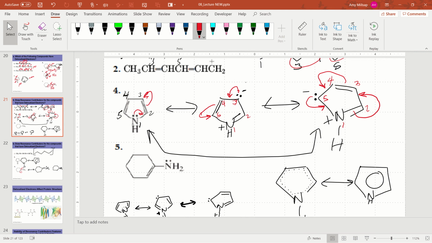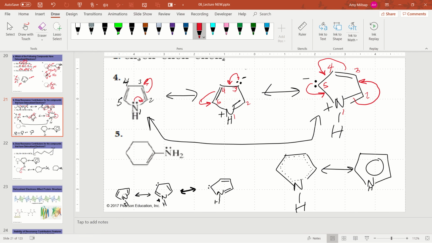And that's what I'm showing with the arrow going from the last ring to the first ring underneath. Okay? And then drawing the resonance contributors for the 6-membered ring, you should be able to do that. We showed it on the previous page.